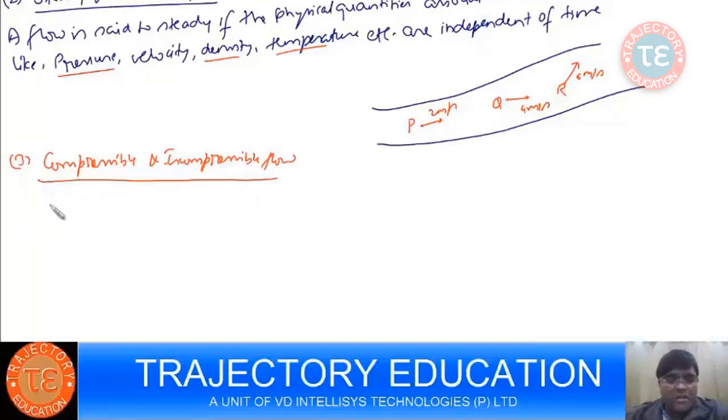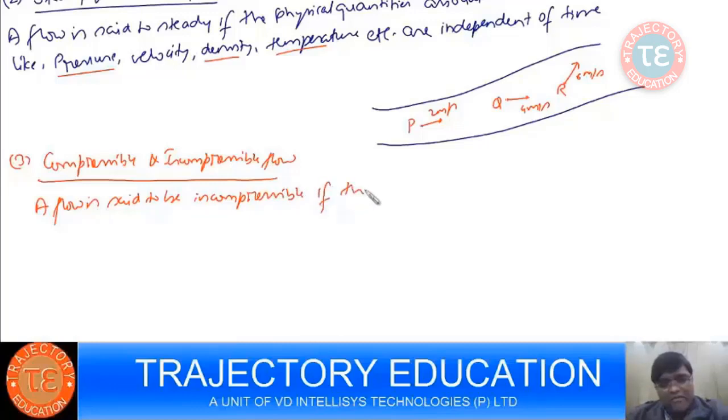Now see compressible and incompressible flow. A flow is said to be incompressible if density is constant in space and time both.